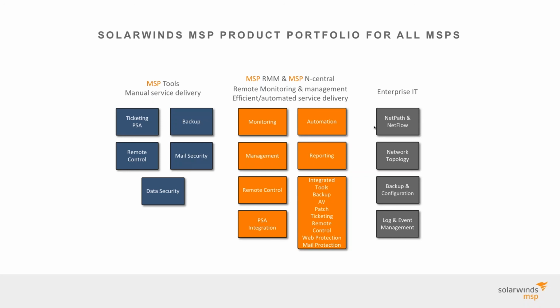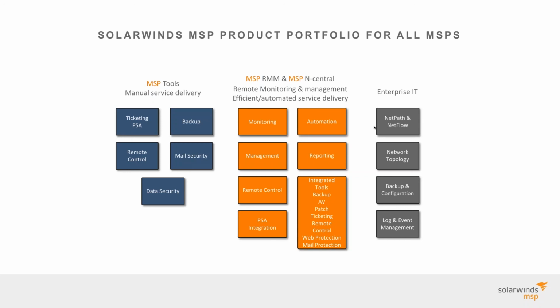Again, has the remote control piece, has the PSA integration, so the work that you do in the RMM products links back and forth between the ticketing product, automation, so a lot of those remediations that you would do on some type of failure. So like, let's say a hard drive fills up and you get the alert for that, you can have that trigger automation that will run a disk cleanup on that device so that you can automatically free up that space.